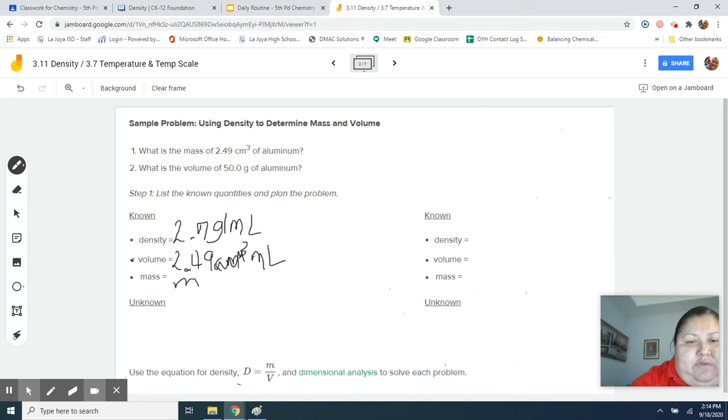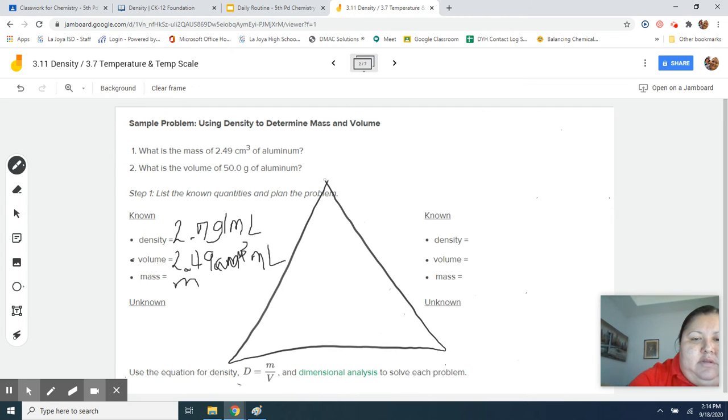That way we don't get confused. All right, so then we're going to go to our triangle. We know mass always has the top part of our triangle or our pyramid. Now, if you'll recall, density is always on the left, volume is always on the right. So I'm going to input that information.